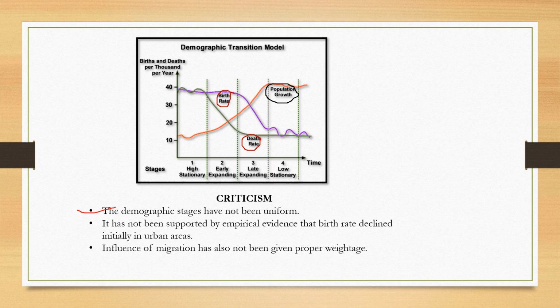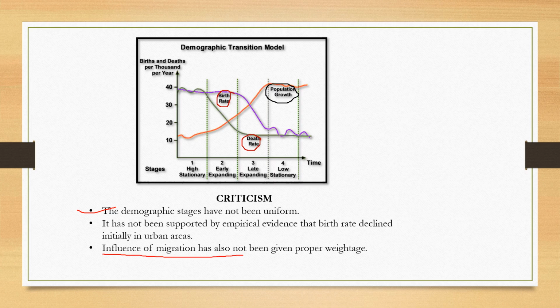So it is not necessary that the society first has to be transformed into an urban society, then the birth rate will decline. So this is not uniform for all nations or continents. Okay, it is very important.